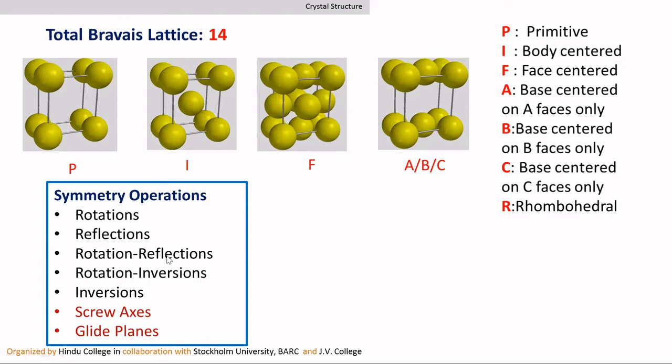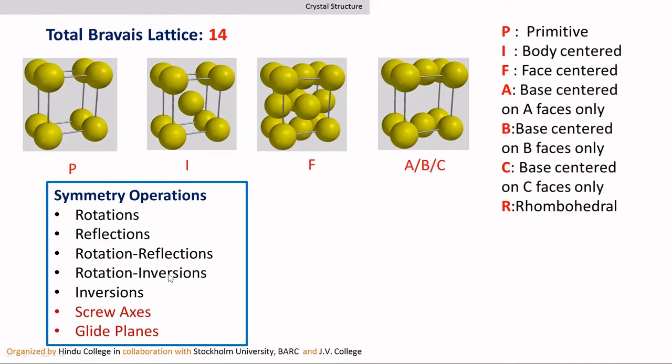And there are 32 such point groups of symmetry elements for all possible crystal structures, provided the motifs are spherically symmetrical objects. If the motifs are not spherically symmetrical, then these 2 symmetry operations also come into play, screw axis and glide planes.